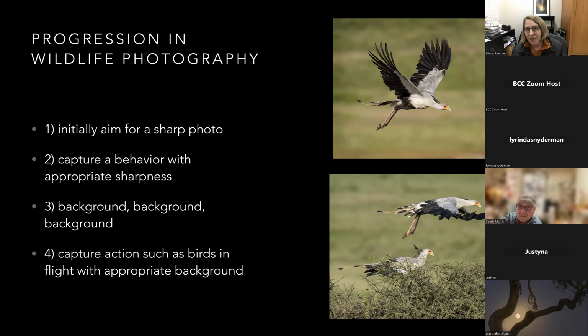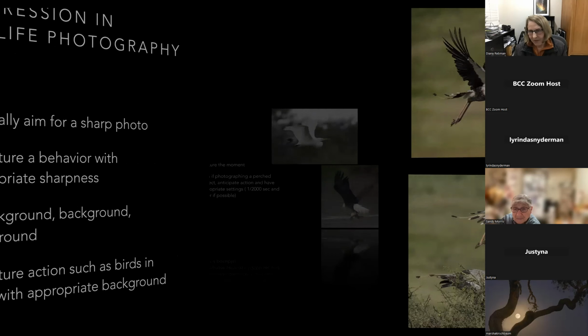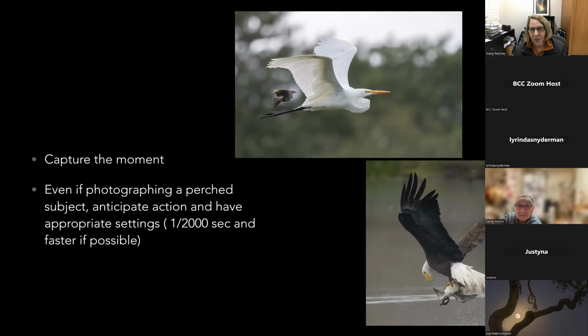And it's got that nice green background. The upper one is the male coming in toward the nest. And the lower one, it's nice that you get two birds in focus. And that is the male now leaving the nest to go get more nesting material. So starting to really concentrate on backgrounds and getting good backgrounds.